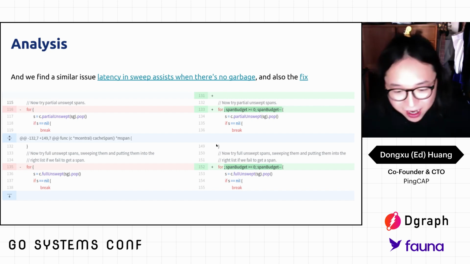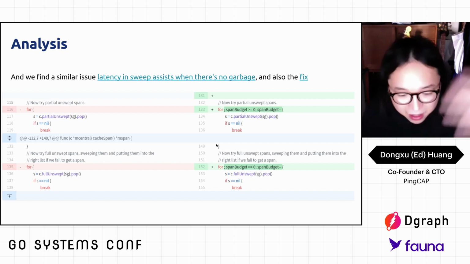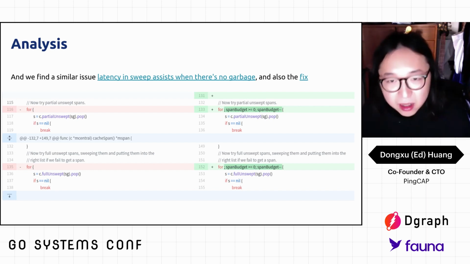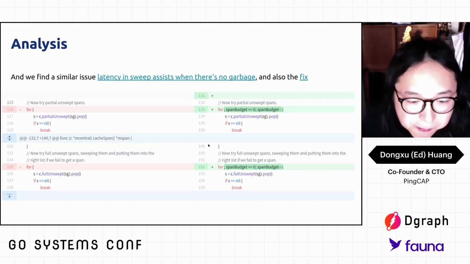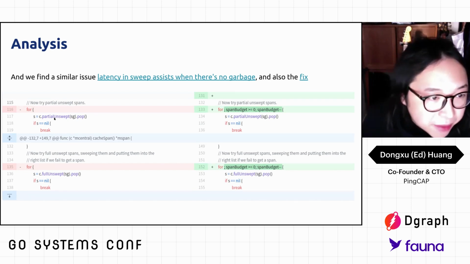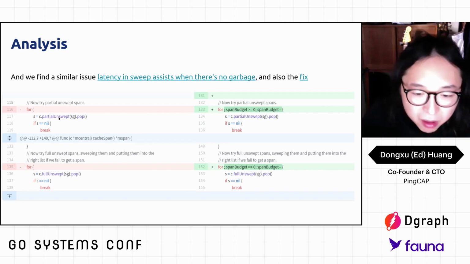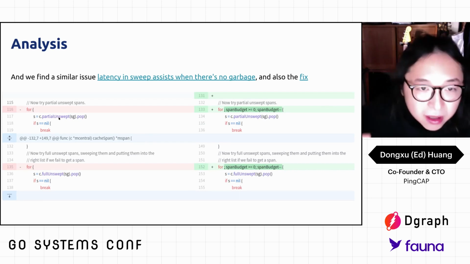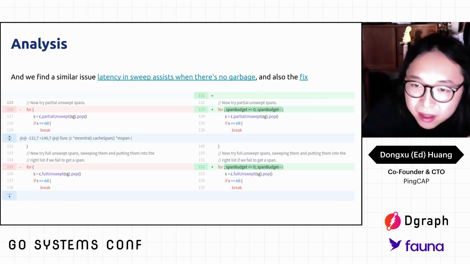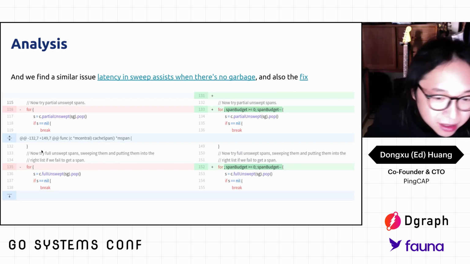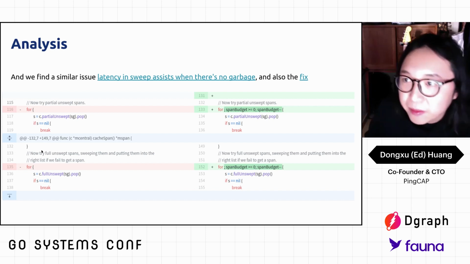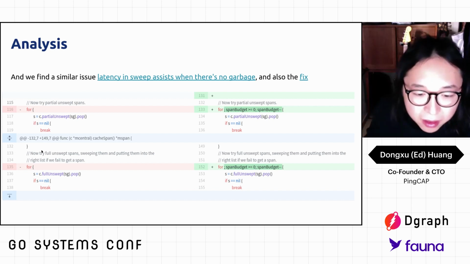This code says that the sweep assist causes this high latency, even if there is no garbage. It keeps scanning the memory blocks for a long time and hasn't found a single free slot. The old process just keeps looking, never stops.